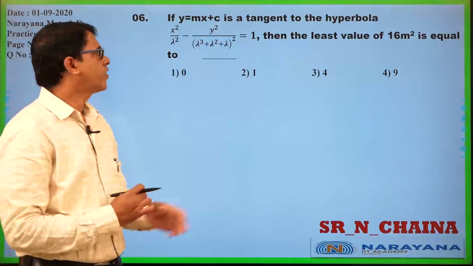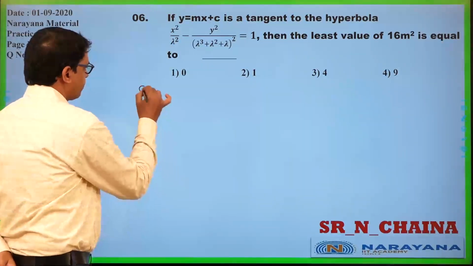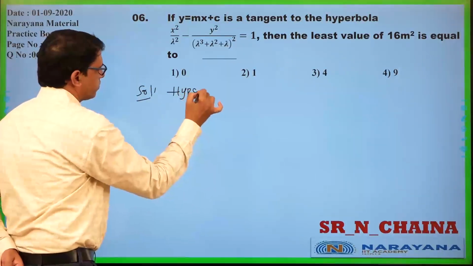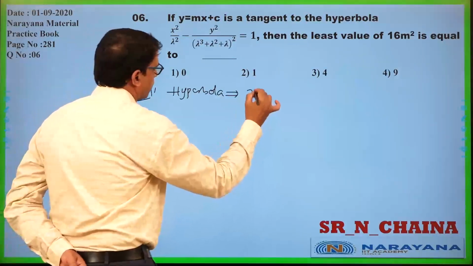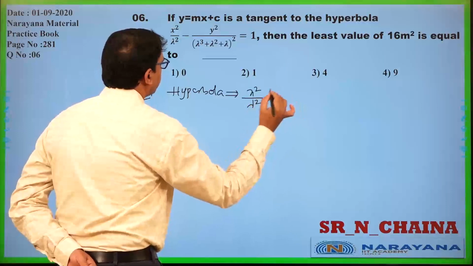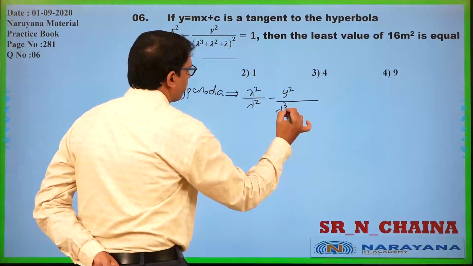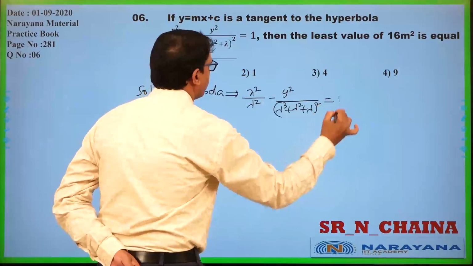Okay. Now first take the hyperbola. So take the hyperbola: x square by lambda square minus y square by lambda cube plus lambda square plus lambda whole square equals to 1.